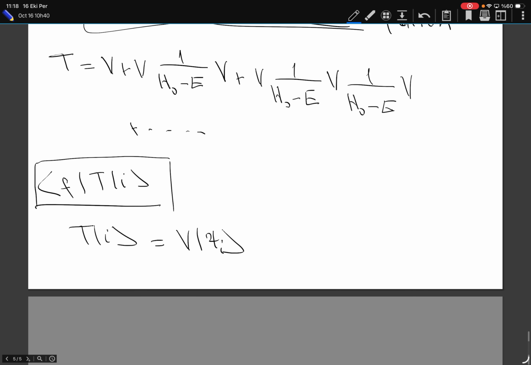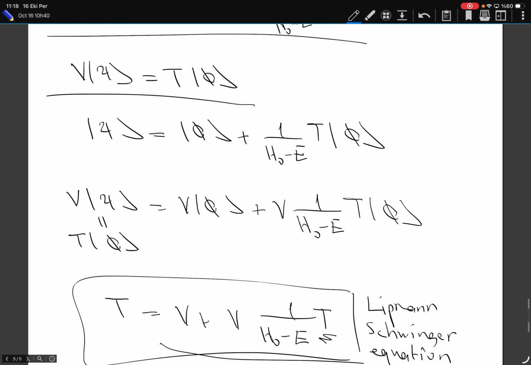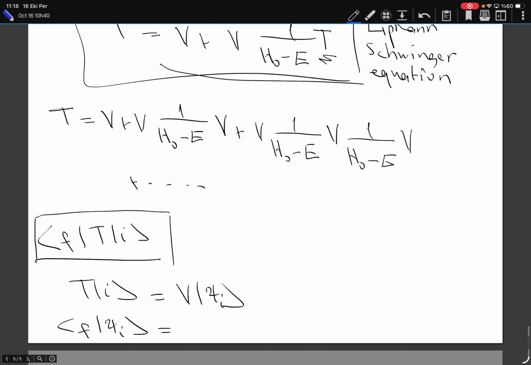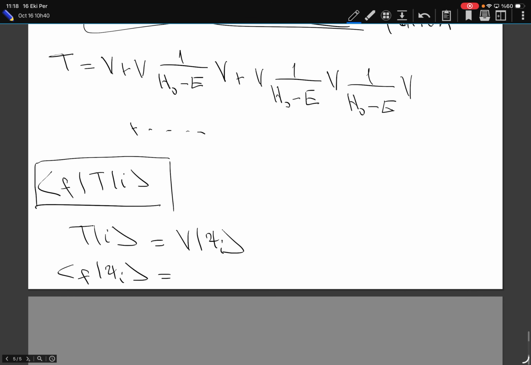Let's say psi I. Now, what we would like to calculate is the overlap of the final state with psi I. What is psi I? It is this one. Final state, initial state.